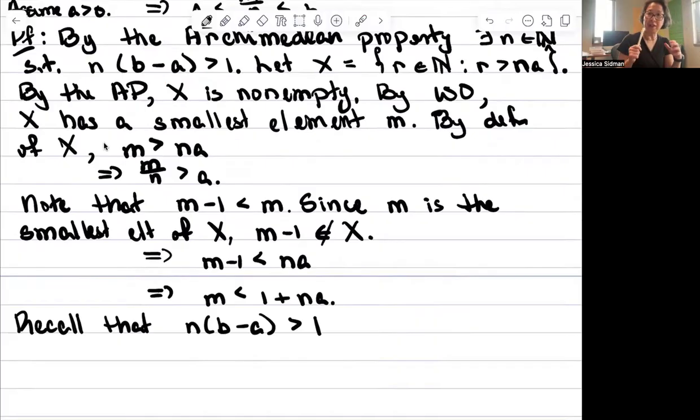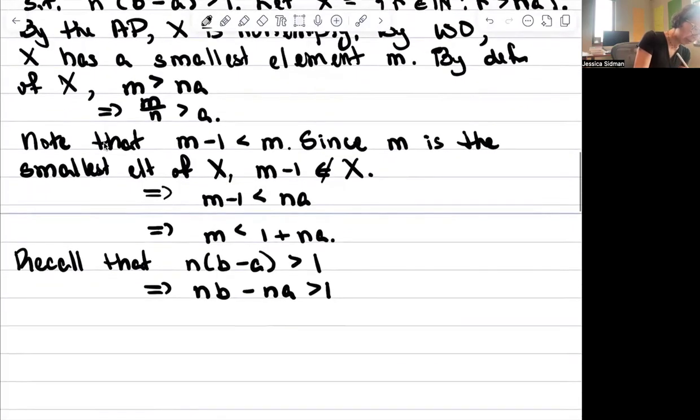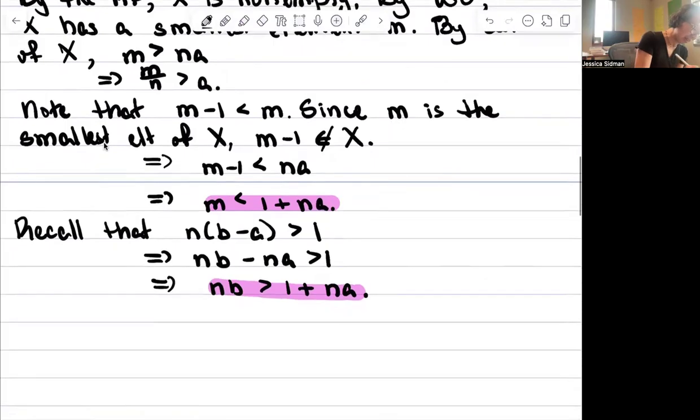This inequality is going to let me relate n, a, and b. So this says that nb minus na is greater than 1, which tells me that nb is greater than 1 plus na. Hooray!